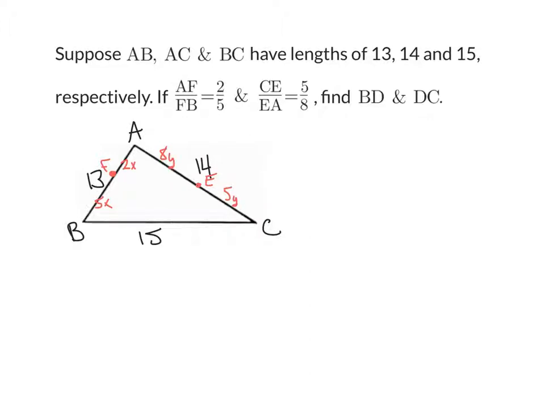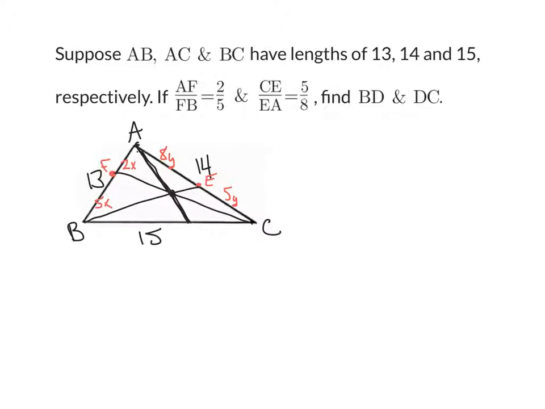Now, my plan is to use Ceva's theorem by drawing in my Cevians. The third Cevian would have to go from vertex A through this point to meet B on the other side. Then we can use Ceva's theorem because all of these Cevians have to meet at a single point.